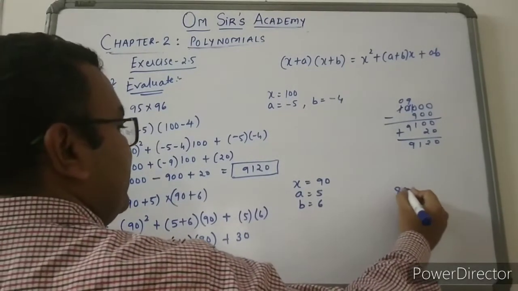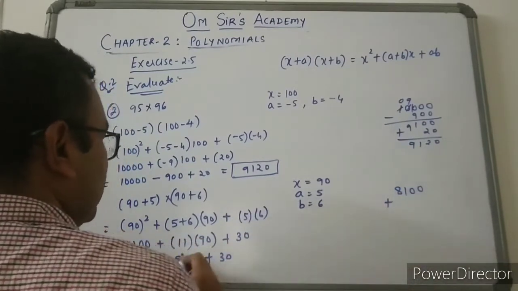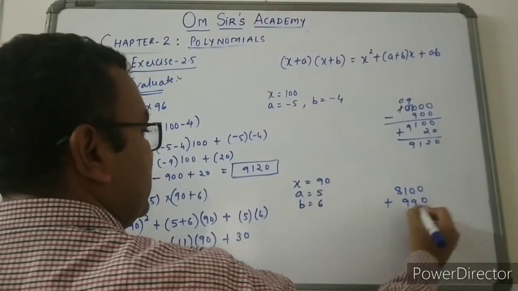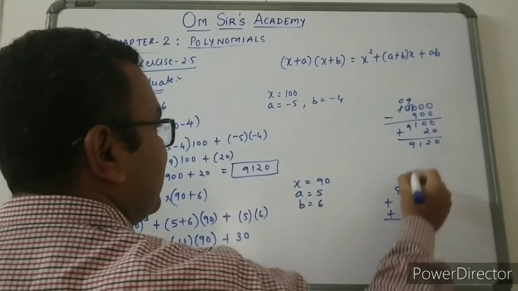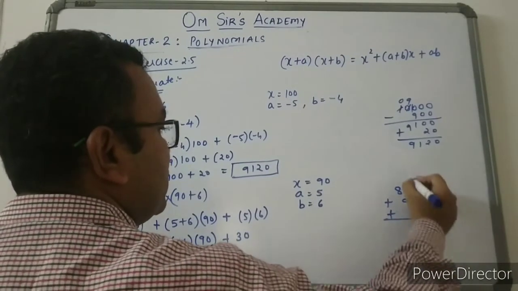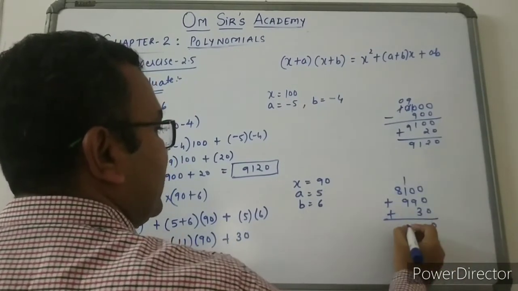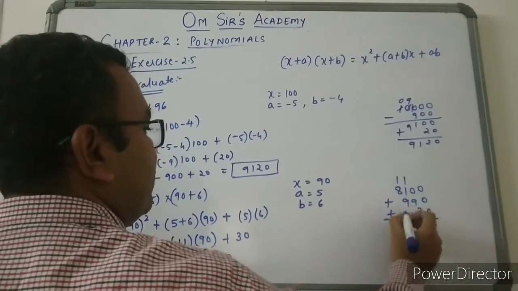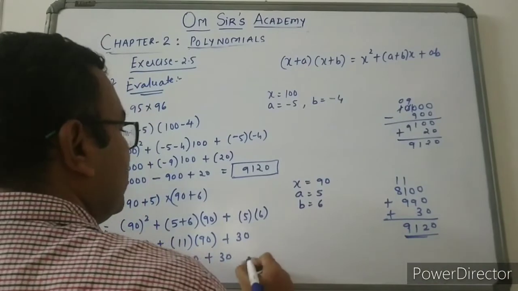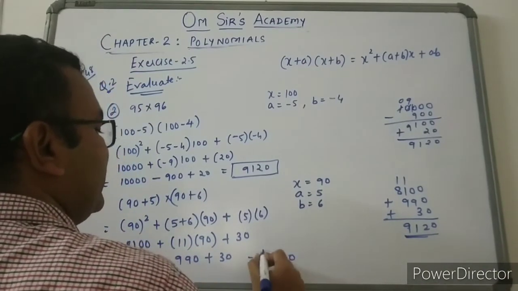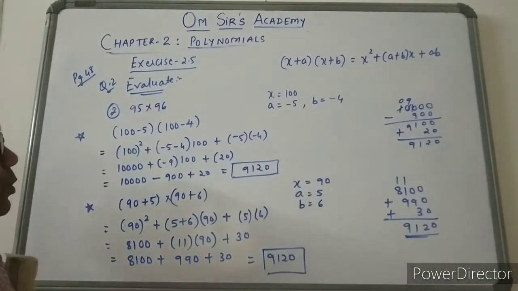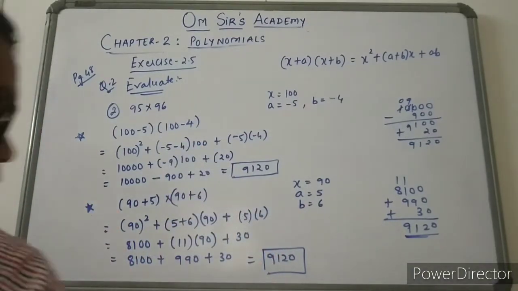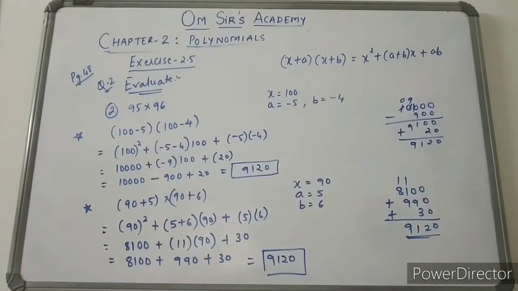So it will be 8100 plus 990 plus 30. Here we have to add all the three. See, 9 plus 3 is 12, 1 carried forward, 9 plus 1 is 10, plus 1 is 11, 9. So here also friends, you see we get the same answer. Any one of these can be applied here. So hope this is clear friends.